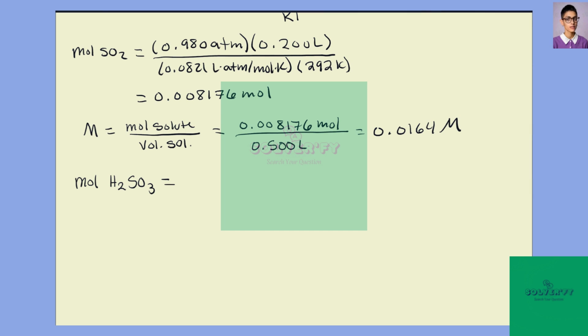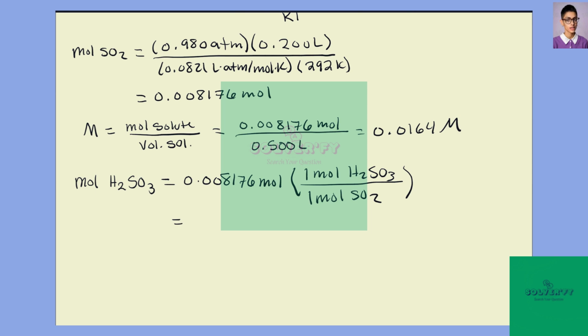So let's take the moles of our sulfur dioxide, 0.008176 moles, and times that by the molar ratio, so 1 mole H2SO3 divided by 1 mole of the sulfur dioxide. So our moles of our sulfurous acid is equal to 0.008176 moles H2SO3.